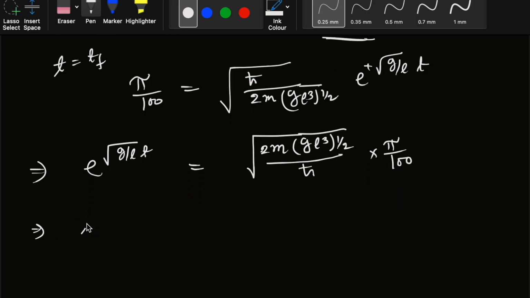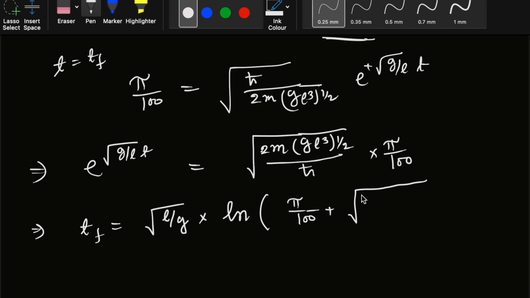So t_f will be root l by g into ln of pi by 100 times root over of 2m g l to the power half by h cut.